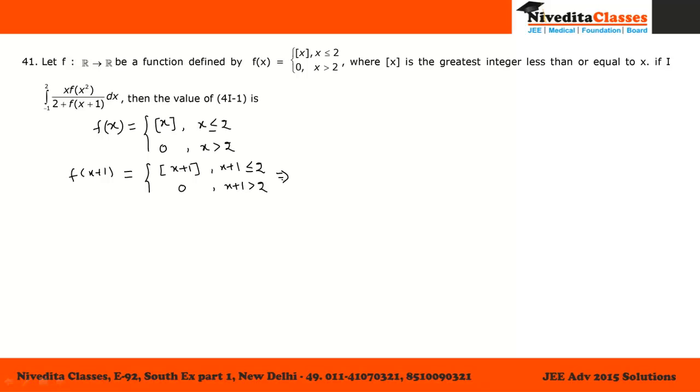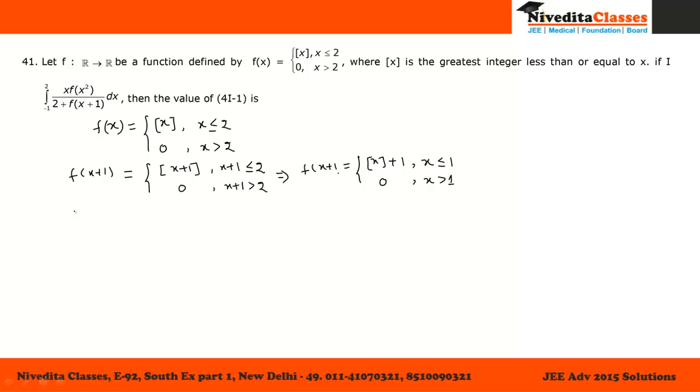This implies f of x plus 1 is equal to g(x plus 1) where x is less than or equal to 1, and 0 where x is greater than 1.